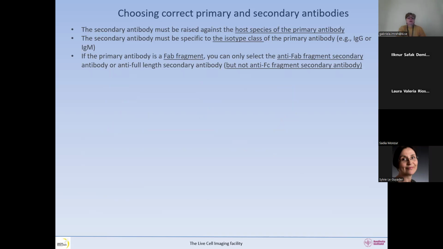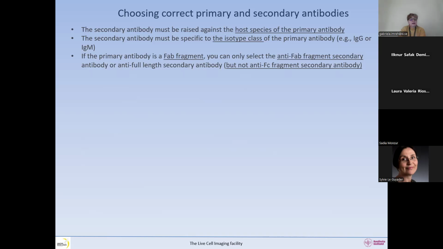Of course, then we have to be very careful and choose the correct primary and secondary antibody pairs. That is very important, especially when we want to detect several antigens on the same sample.